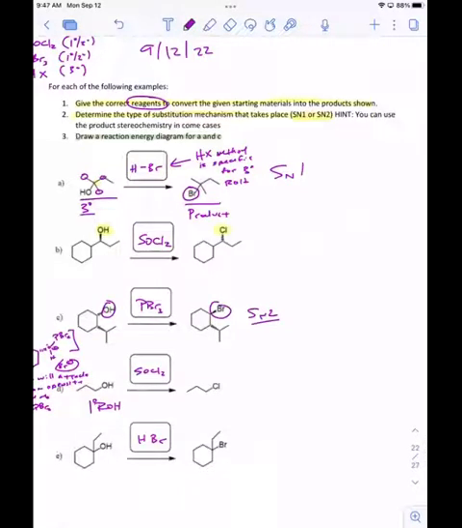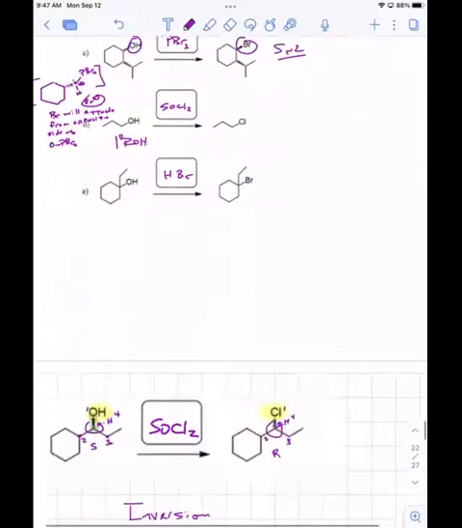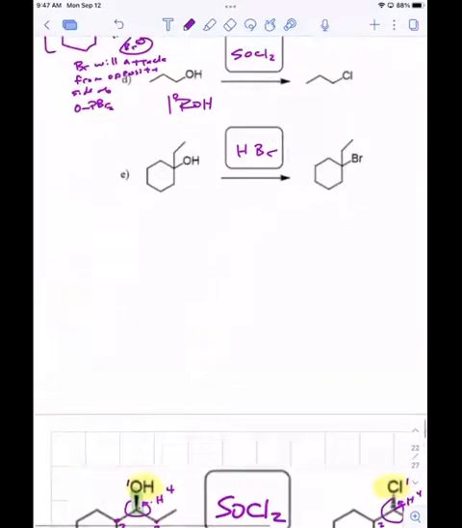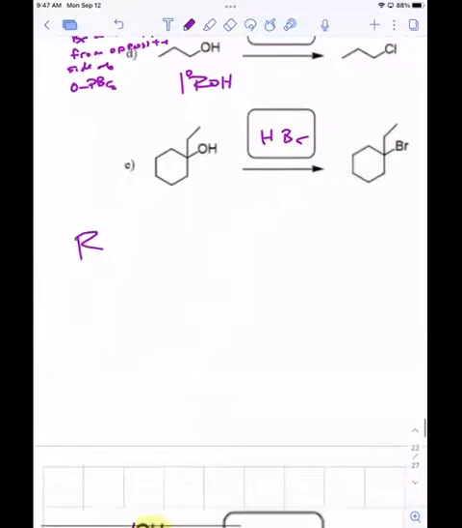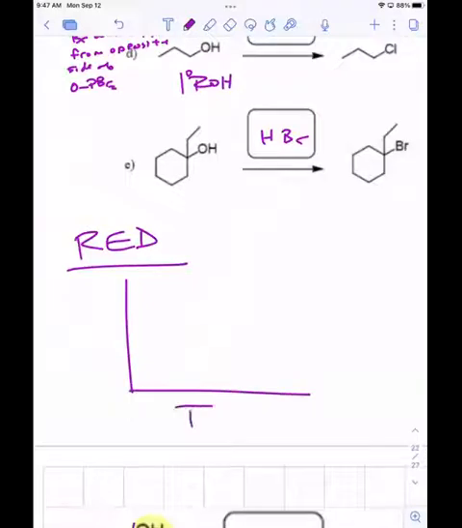All right, so let's do that. So when you write out a reaction energy diagram, I'm just going to do this here, right? It's always here, right? This is time. I think I showed you this already in a previous lecture. This is energy, right?